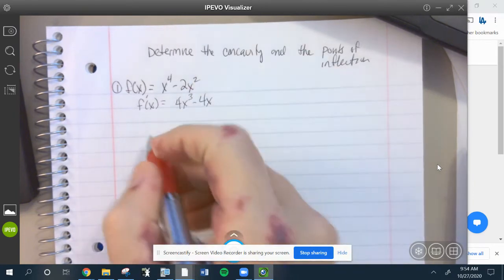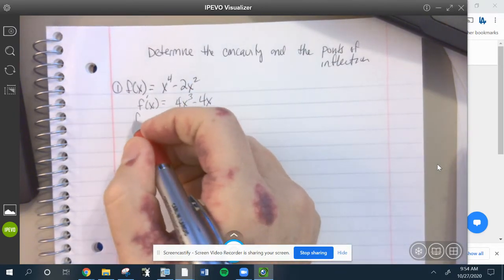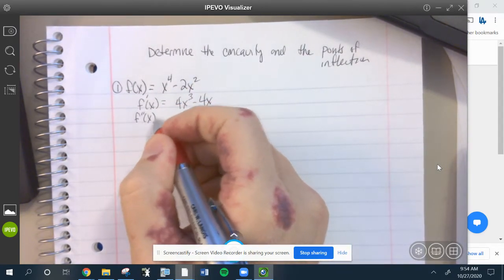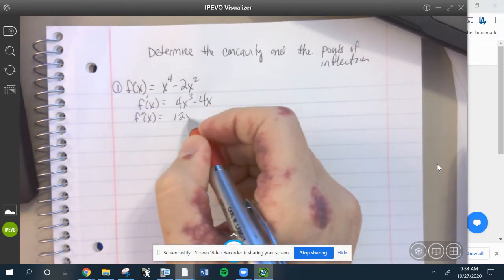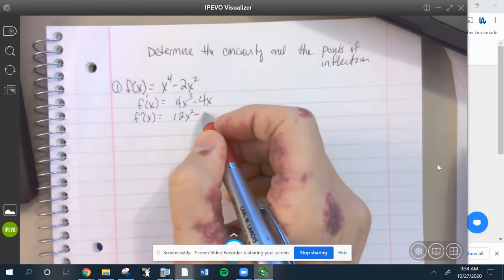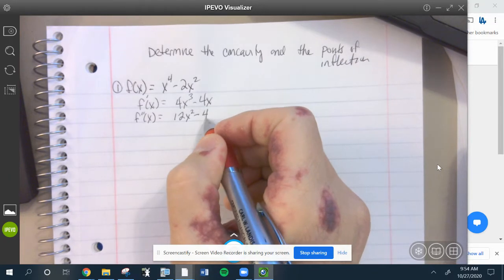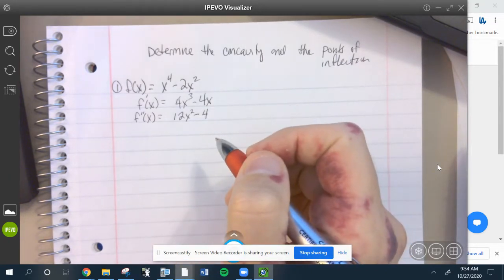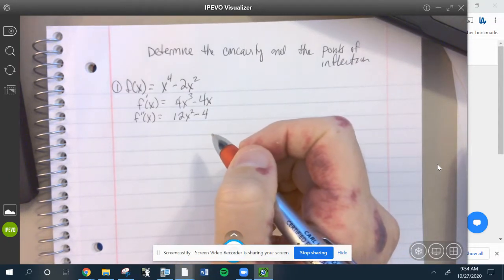That's the first. And this is the second. So now we need to set this equal to 0.